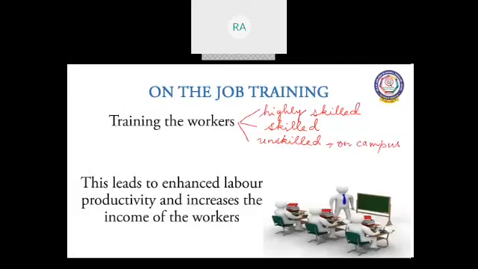Sometimes the workers are sent for off-campus training. They are trained by others through workshops. On-the-job training leads to enhanced labor productivity.